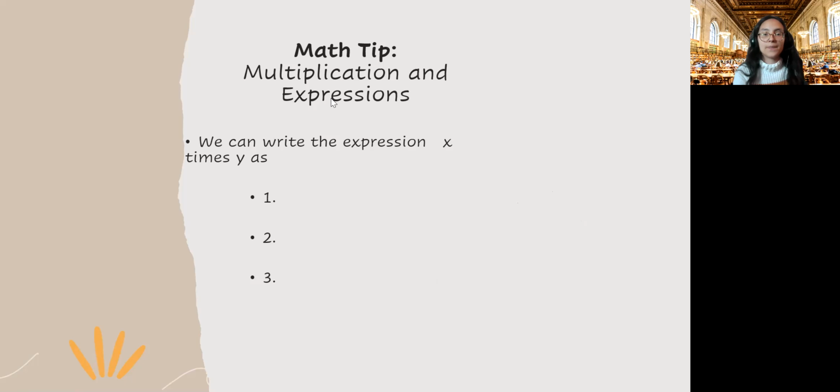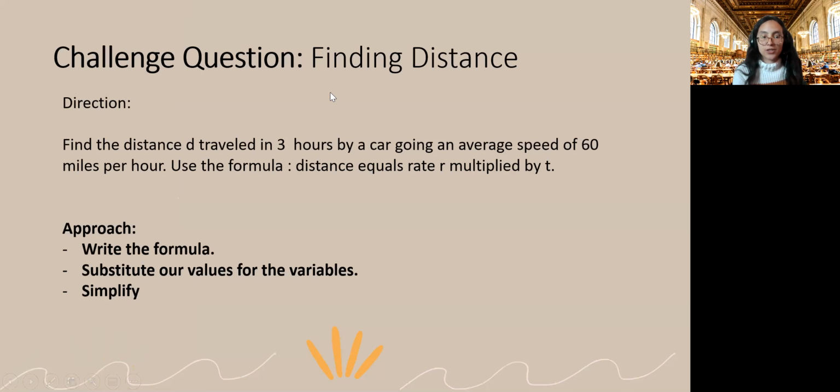Alrighty, so we're going to do a challenge question. We're going to use what we learned about variable expressions, substitution, and simplifying to do this problem, and I know that you can do it. So let's go ahead and read it. We're going to find the distance d traveled in 3 hours by a car going an average speed of 60 miles per hour. And we're going to use the formula distance equals rate r multiplied by t.